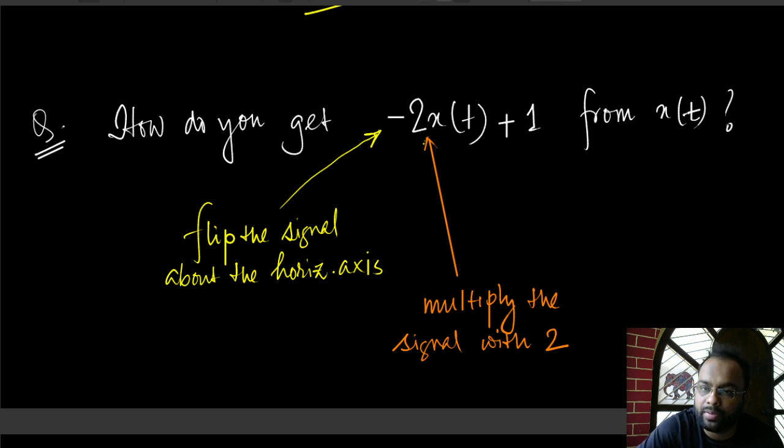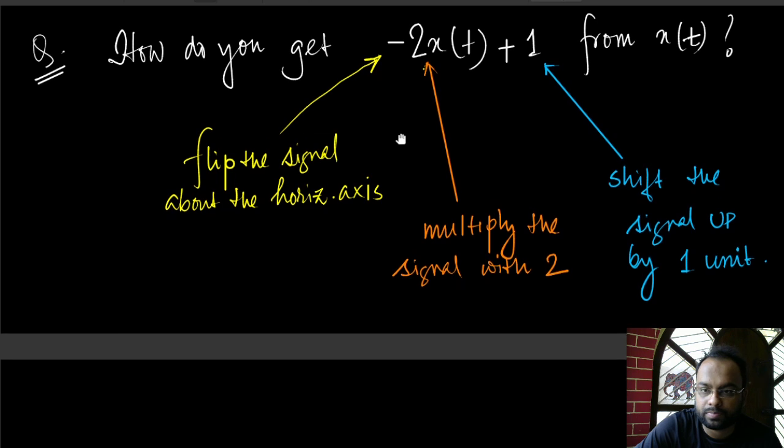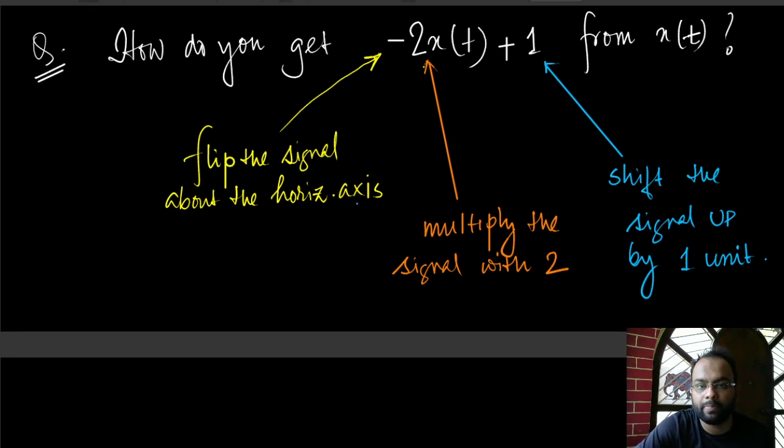And then step 3, shift the signal up by 1 unit, right? So I think this is easily understandable, right? So from x(t), how do you get minus 2x(t) plus 1?